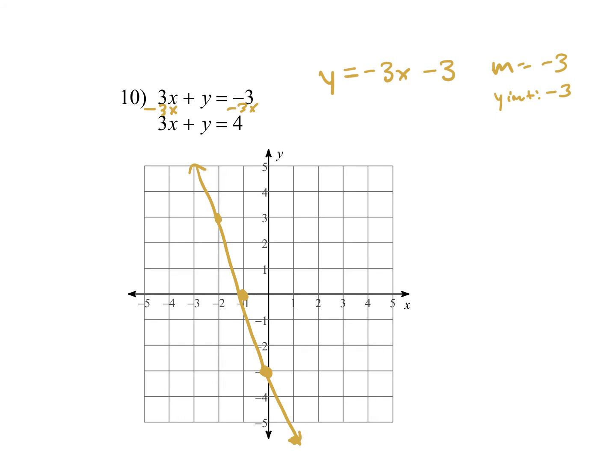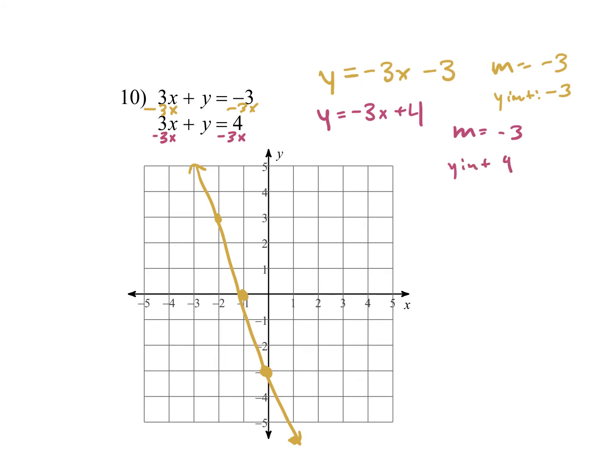So how do I get it to be y equals for my second equation? Subtract 3x. So y is equal to negative 3x plus 4. So what's my slope? Negative 3. And what's my y-intercept? 4.